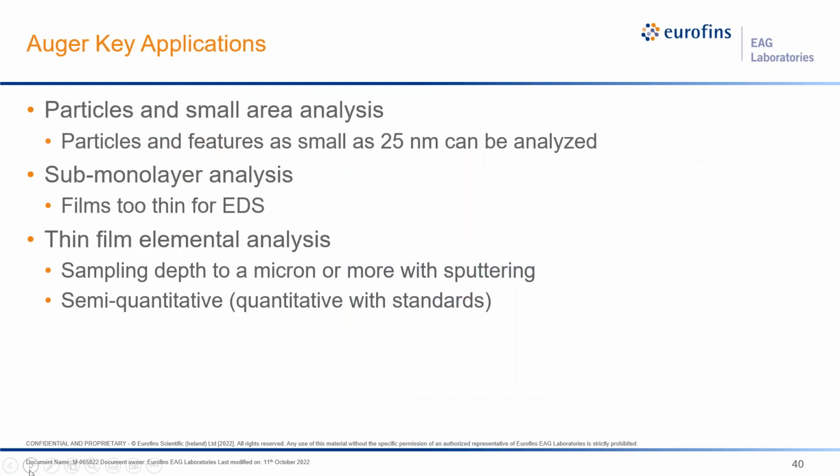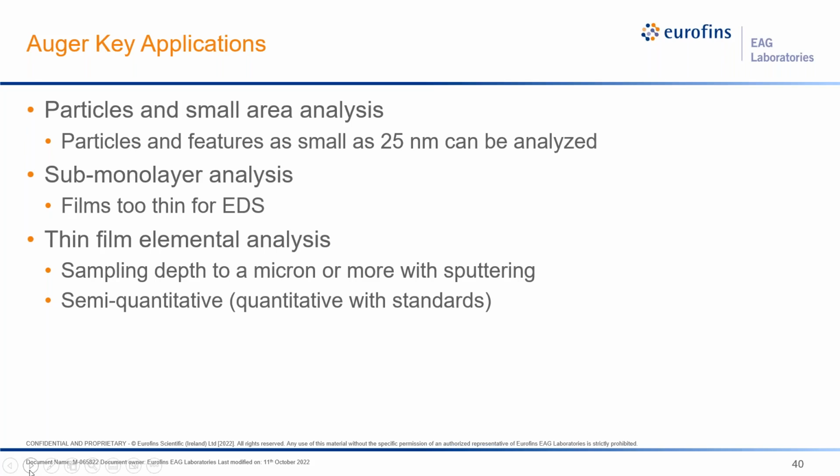The following are key applications typical for Auger analysis. We oftentimes analyze particles and small features, and the particles may be as small as 25 nanometers or even less for some instruments.